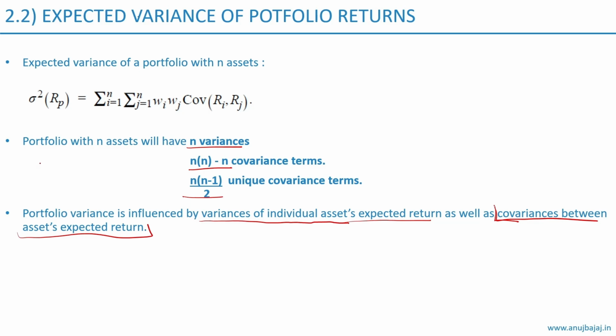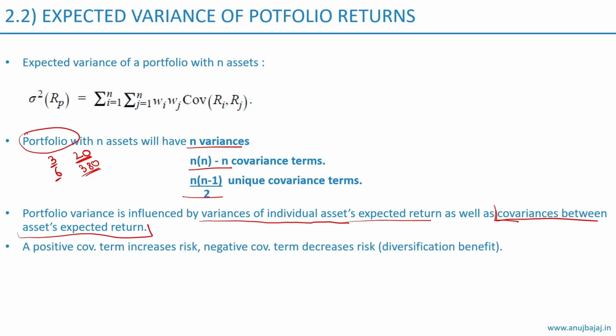So in a 3 asset portfolio we had 3 variance terms and 6 covariance terms. In a 20 asset portfolio we have 20 variance terms and 380 covariance terms. So as the number of assets increases, the influence of covariance on the portfolio's variance increases.